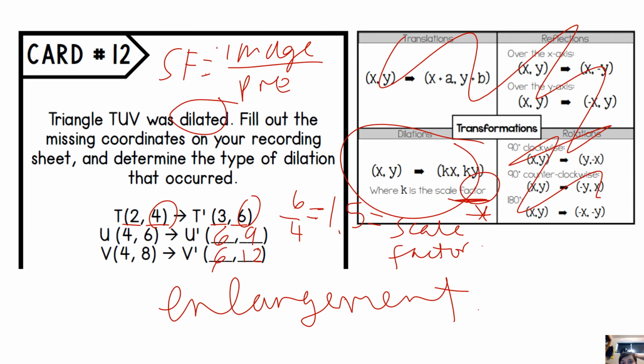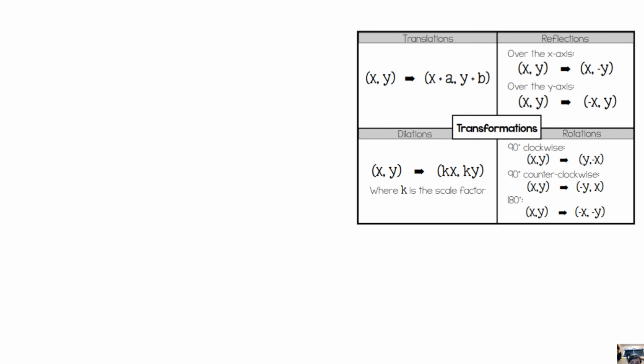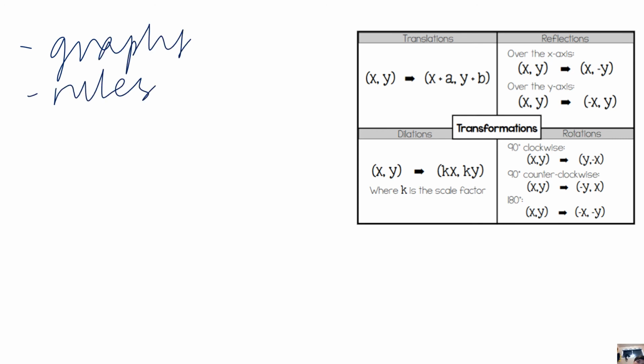All right. The very last thing that I want to say is you're going to have questions involving graphs, rules, aka these things. Given a rule, find the graph or the type. Given a graph, find the rule or the type or the coordinates.